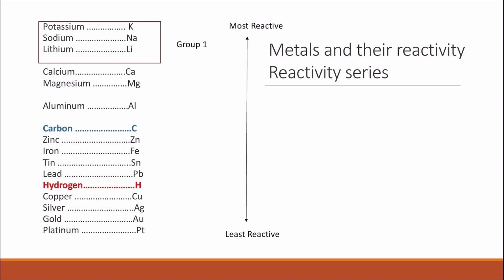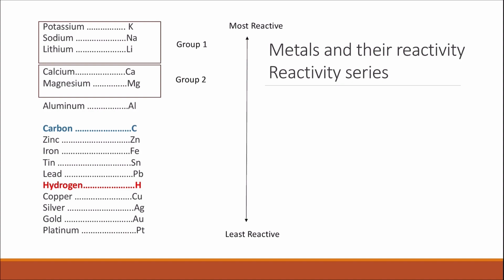And we know that in group 1, as you go down the group, their activity will increase. So we're going to place the first three members of group 1 in reverse order. So the most reactive one will be potassium, then sodium, then lithium.